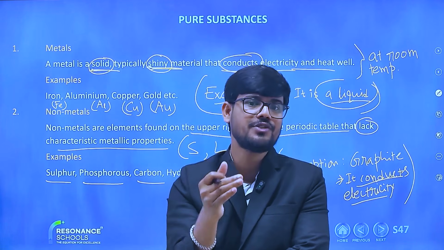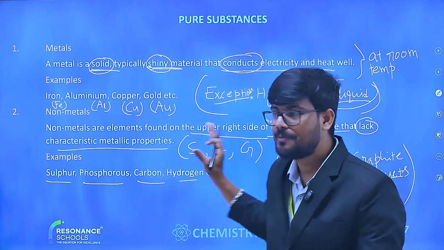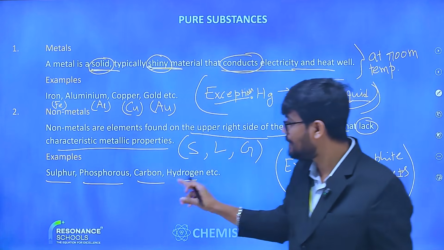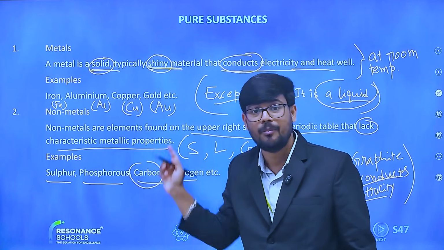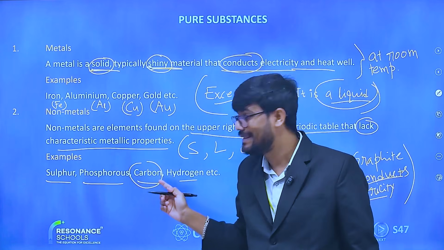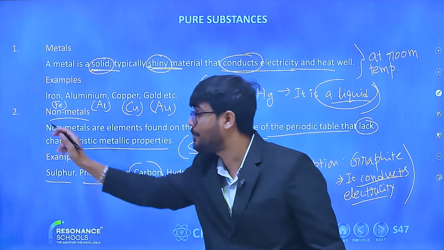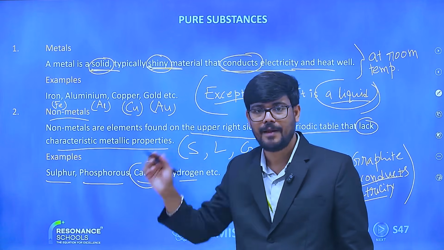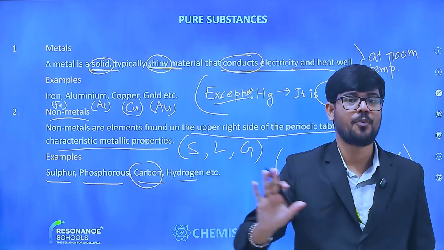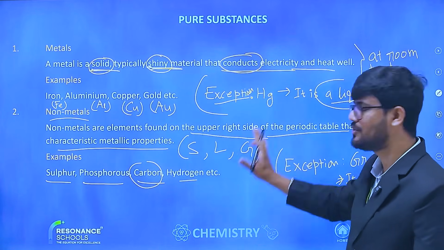Metalloid has properties of both metal and non-metal. Similarly, we have to focus. If we have carbon, most of the properties it is showing are connected to non-metallic properties. Correct? That's why it is a non-metal. Only based on properties we are classifying. Correct? Only based on properties.